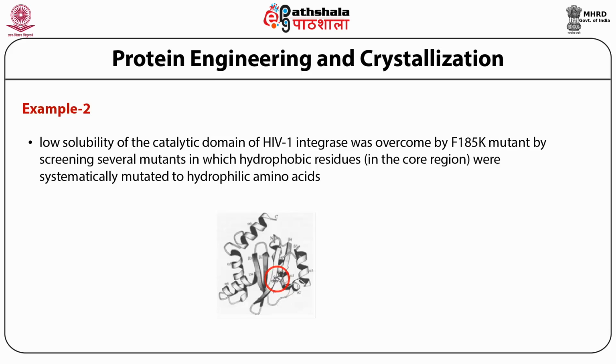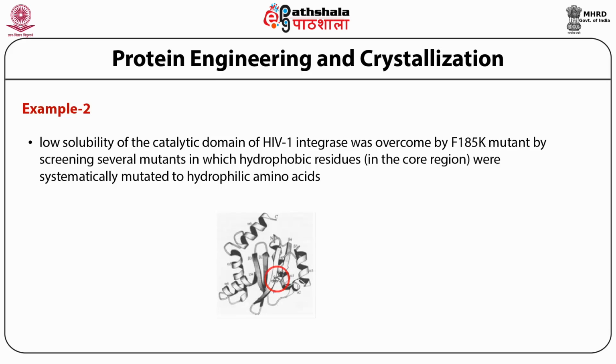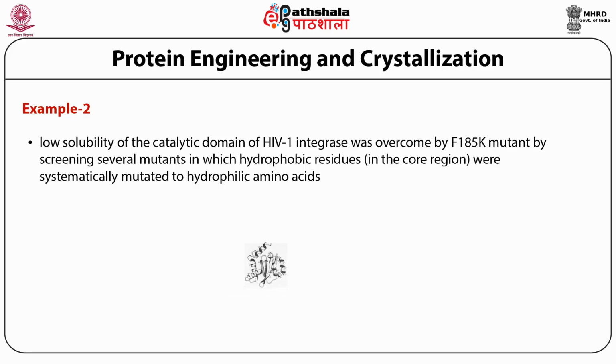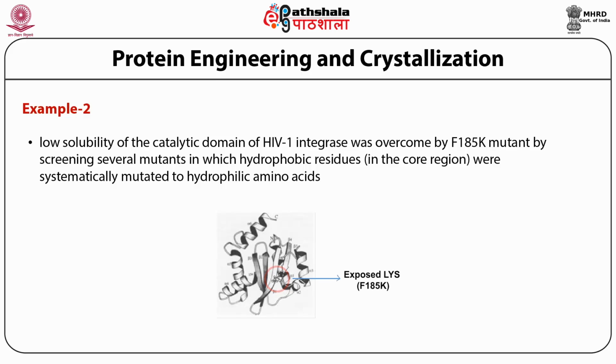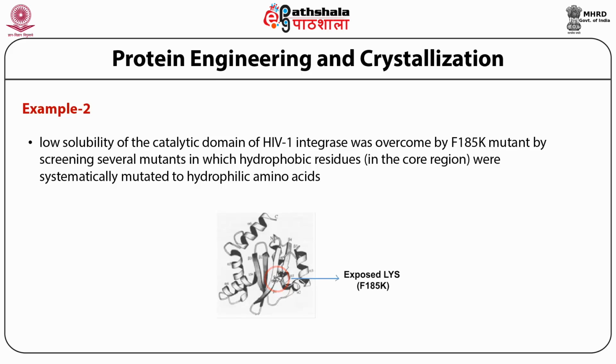Many times it was invisible aggregation, so a homogeneous solution could not be achieved for this protein. In this case, almost a directed evolution approach was carried out. In the hydrophobic core portion, from 56 to 199, many mutants were incorporated, and then each and every mutant was screened for its solubility.